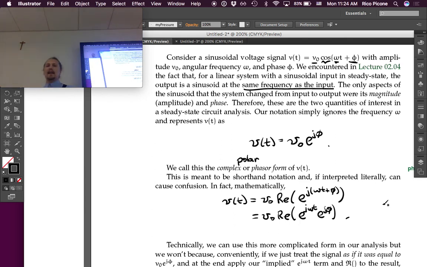So that is really mathematically what v of t is equivalent to.